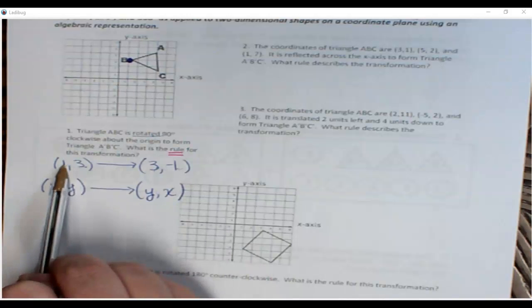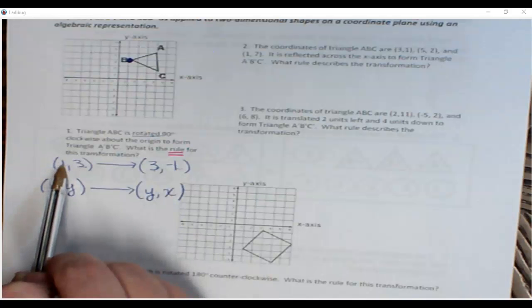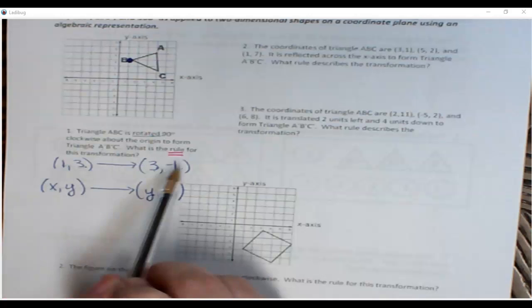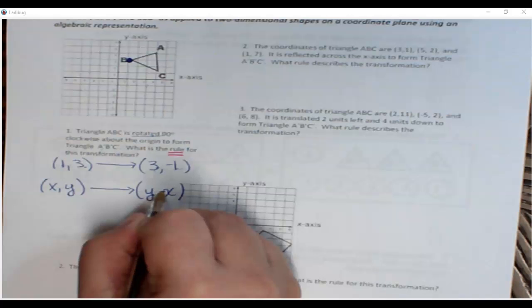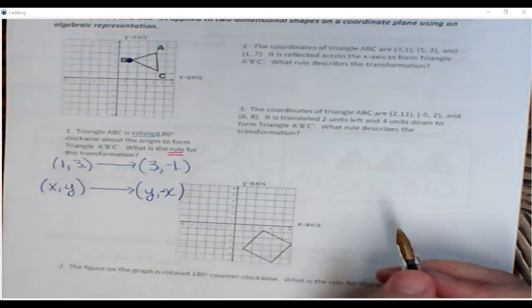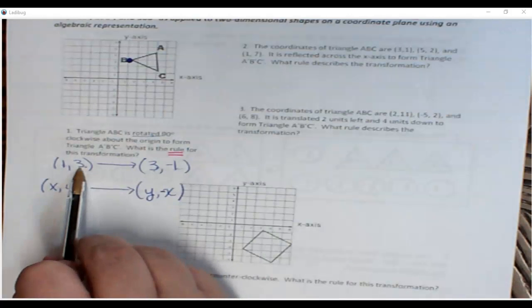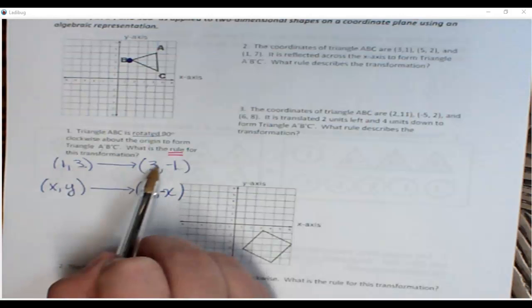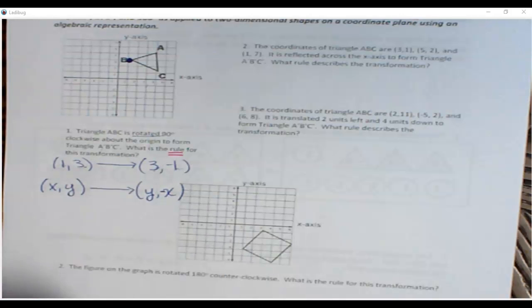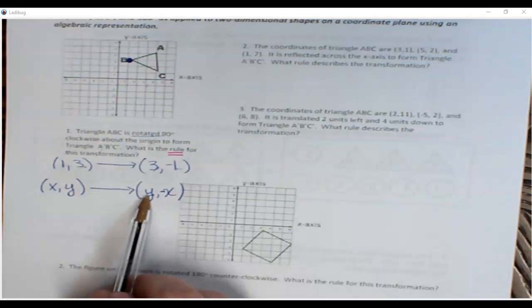So we started at positive, we went to negative. So after our rotation, my x value changed to the opposite. So we have opposite x. So we're going to put that little negative symbol to show opposite x. My y digit started as a positive 3, it stayed a positive 3. It did not change. So my rule is (y, -x).